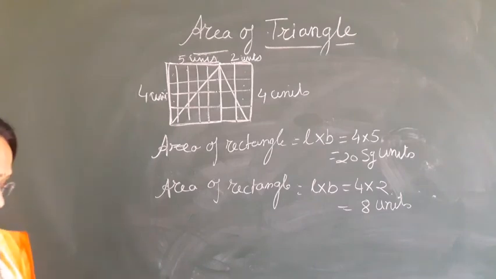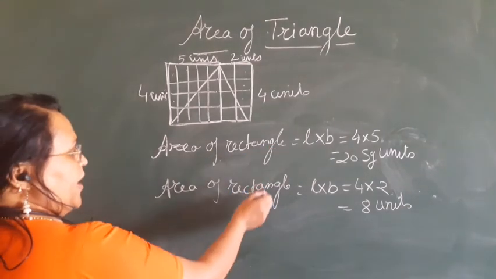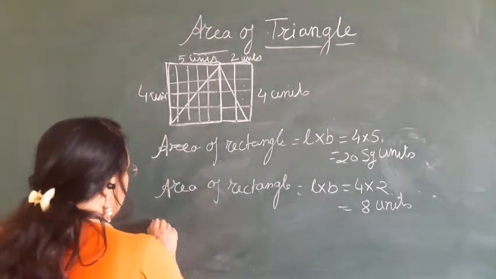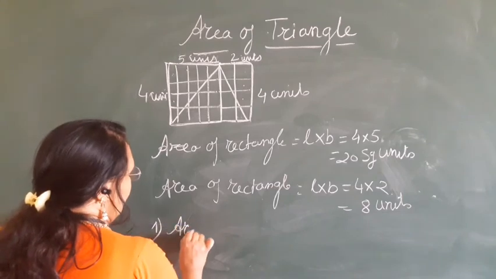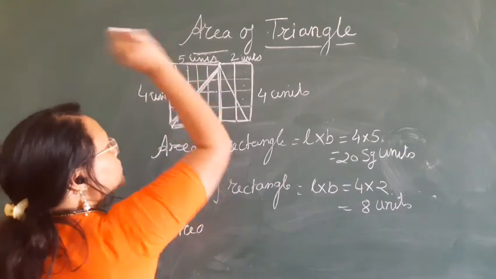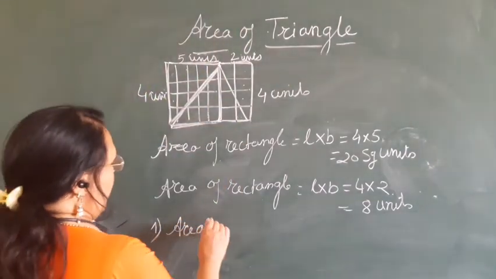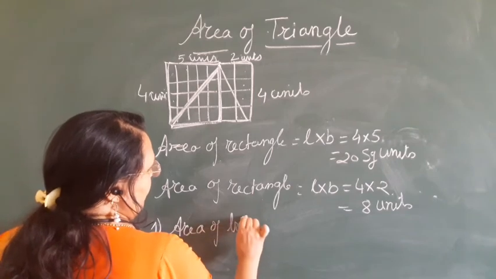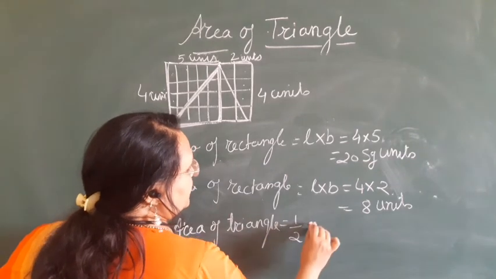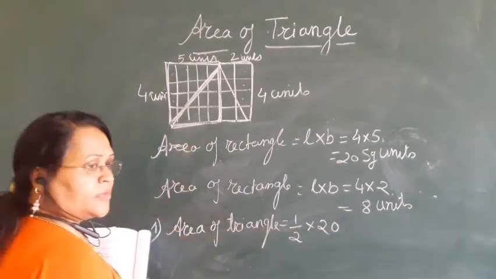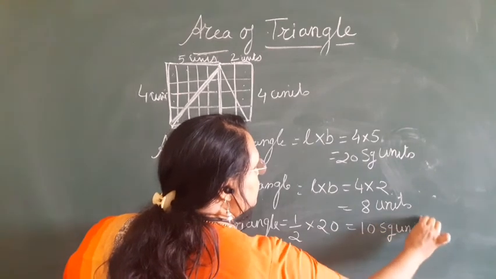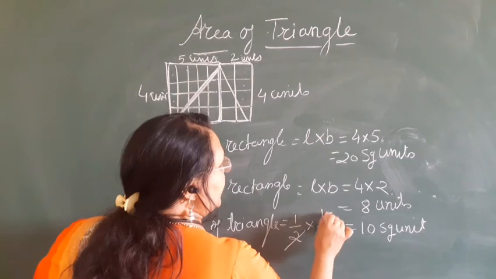And then we have to find the area of the triangle of both of these separately. First we can find the area of the triangle of only this first part. So the area of the triangle equals half of 20, which is 10 square units, since 2 tens are 20.